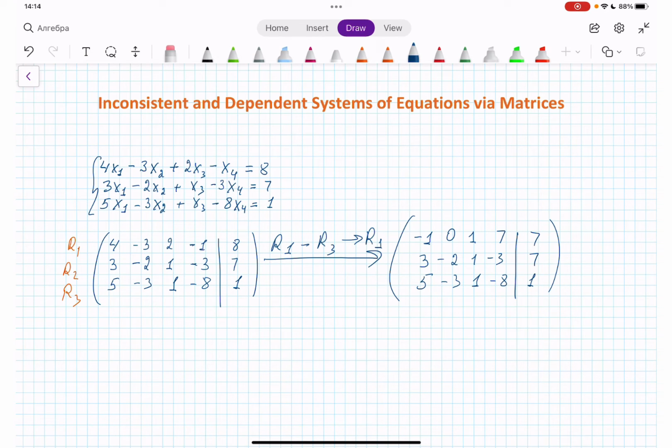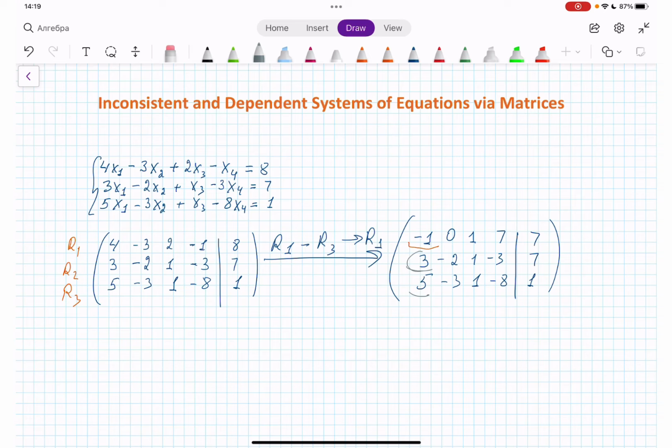So what are we going to do next? Under the leading coefficient negative 1, we are going to convert these numbers, 3 and 5, to 0. Under every leading coefficient, we are going to get zeros.